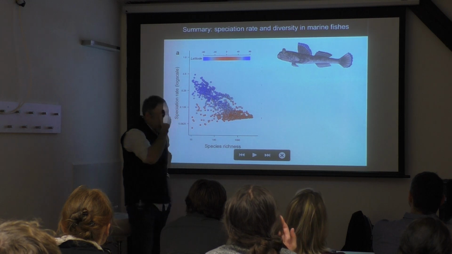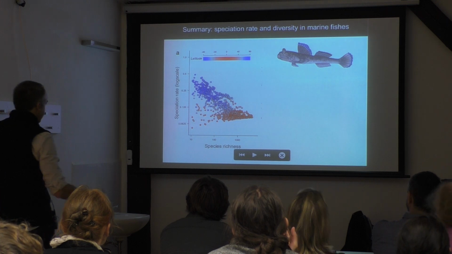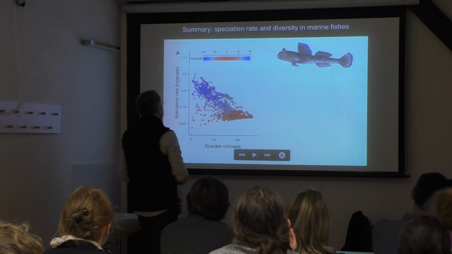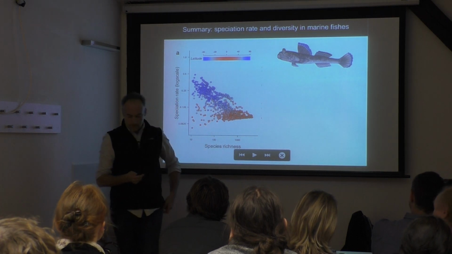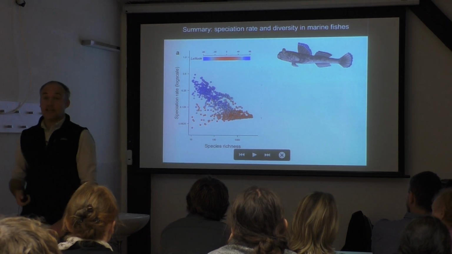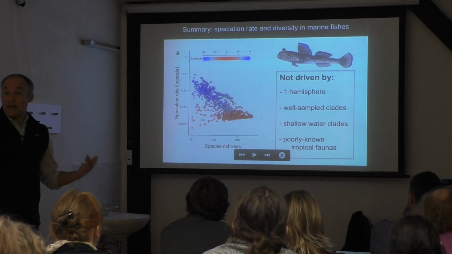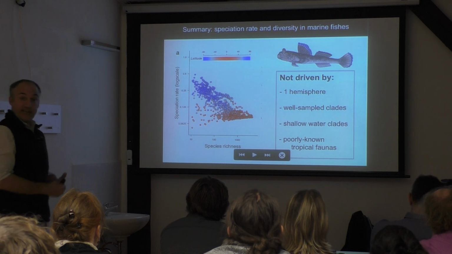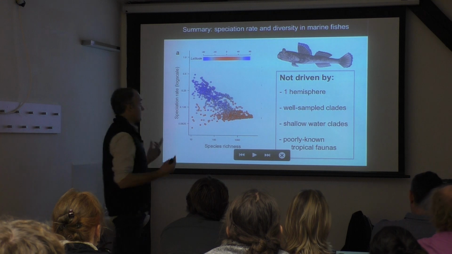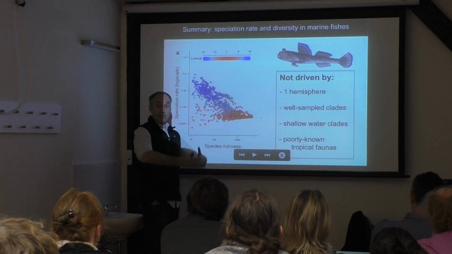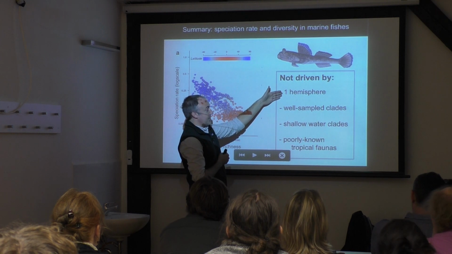Just to summarize this part of the talk, overall we have this negative relationship between species richness and speciation rate. So high latitudes, fast speciation; tropical latitudes with high species richness, slow speciation. One of the nice things about looking at the pattern at this scale is that, granted this is just fishes, we have enough power and enough breadth in this data set to know that this is not just driven by one hemisphere.